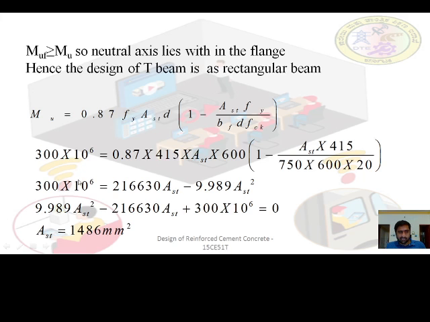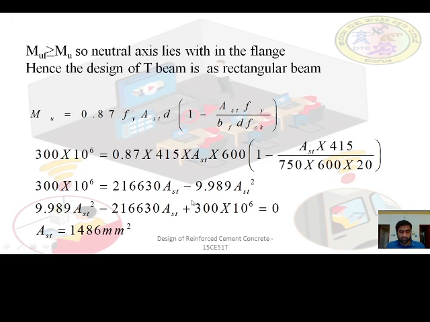I will take the AST square term to the left hand side, so it will become plus: 9.989 AST square minus 216630 AST plus the constant term, which remains, is equal to 0. So you have to solve this quadratic equation.